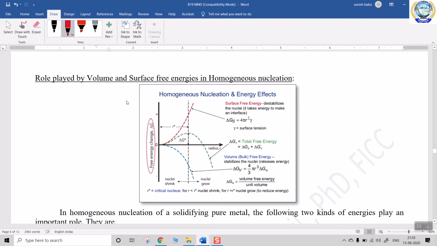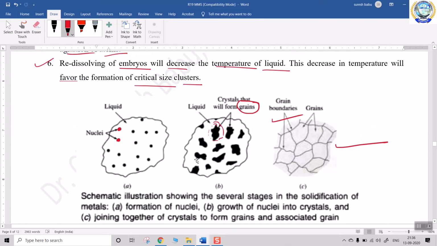Come, let us discuss the homogeneous nucleation by taking a small graph. In this graph, I wish to introduce two terms. Those are volume free energy and surface free energy. Suppose you have taken this liquid state, from this liquid state, what you have to first form? A nucleus. This nucleus is in solid state.